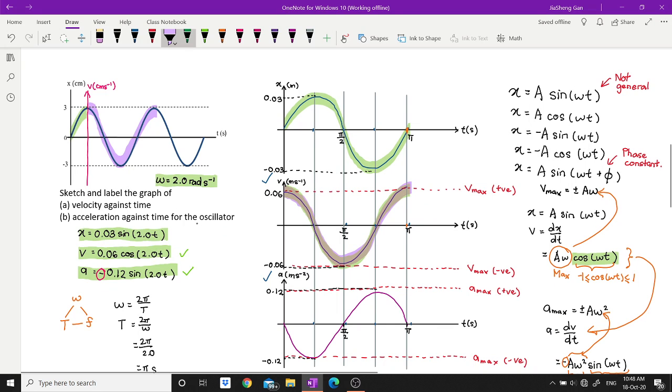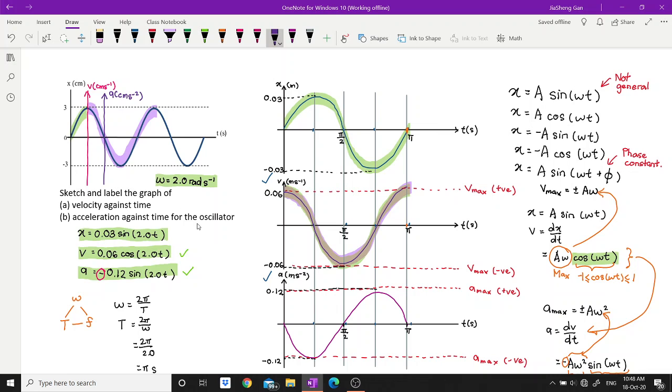Okay, cool. So if you want to get the acceleration time graph, we move the axis further. And there you have it, the acceleration time graph.